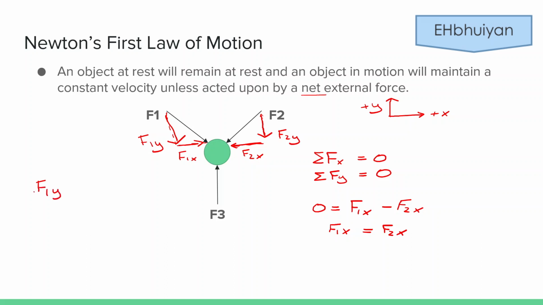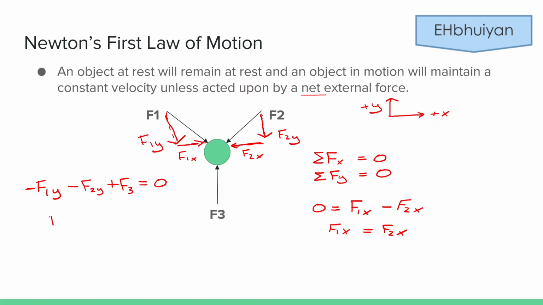y, which is pointing down, and this is going to be negative, minus F2y, whatever the value is, that's also negative because it's pointing down, but we're going to add F3 because that's pointing in the positive y direction, and that's all going to sum to zero.